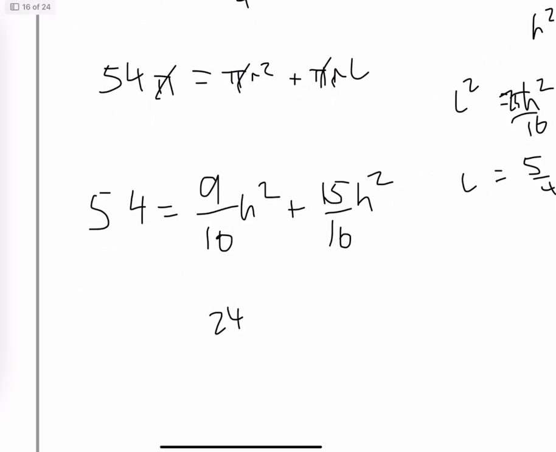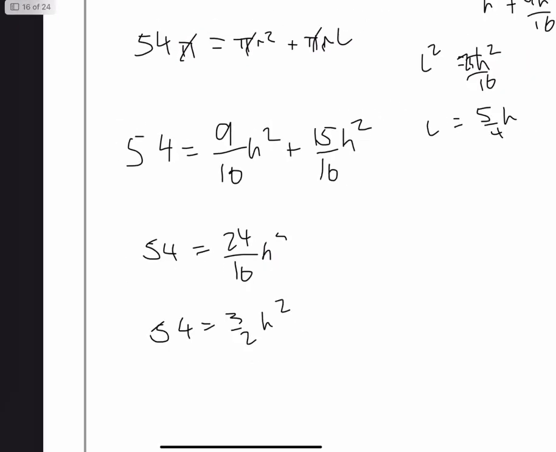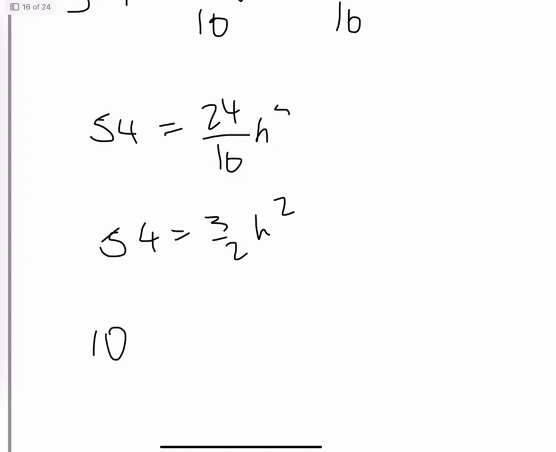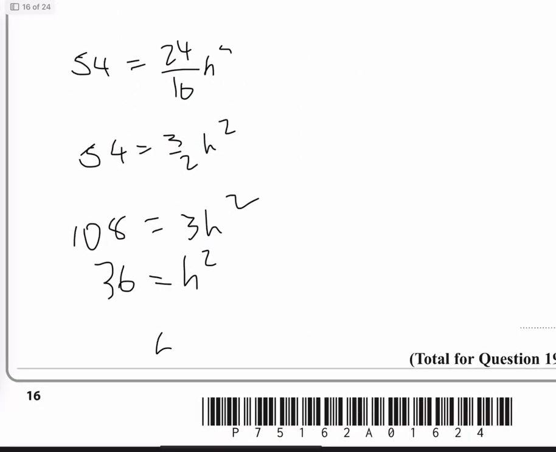Which gives us 24 over 16 h squared equals 54. 24 over 16, that's just 3 over 2. So 54 equals 3 over 2 h squared. So that's 108 equals 3h squared. 36 equals h squared. We know it's got to be positive because it's a length, so h equals 6.